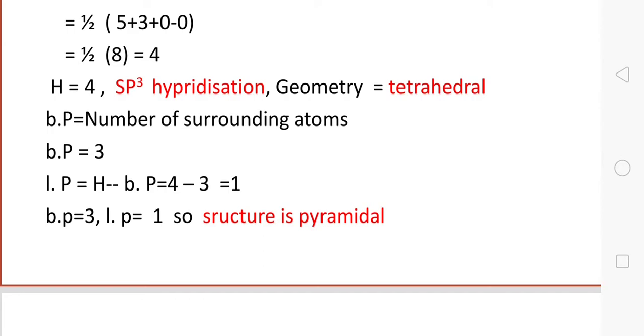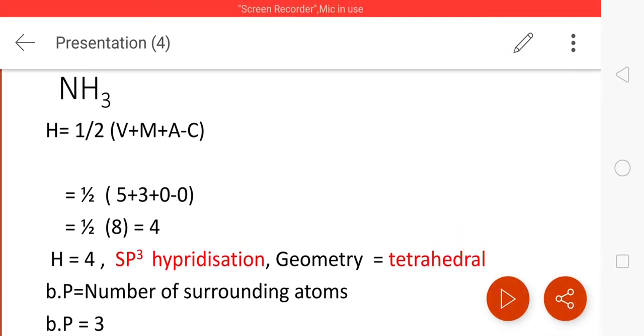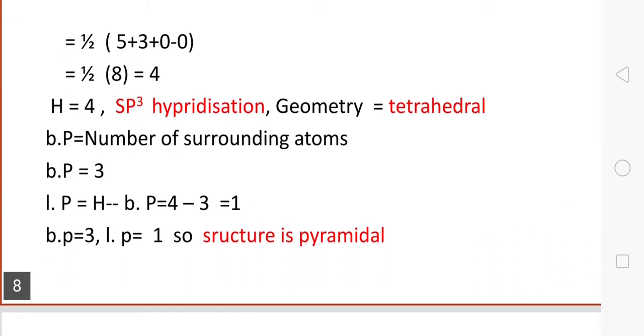Bonding pair is equal to the number of surrounding atoms. In ammonia, surrounding atoms are 3, so bonding pair is 3. Lone pair is equal to hybridization number minus bonding pair. We know the hybridization number is 4, bonding pair is 3, so lone pair is 1.